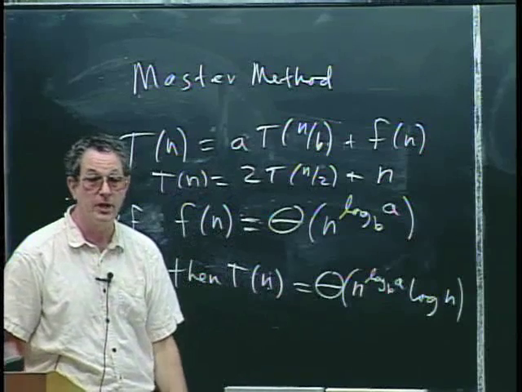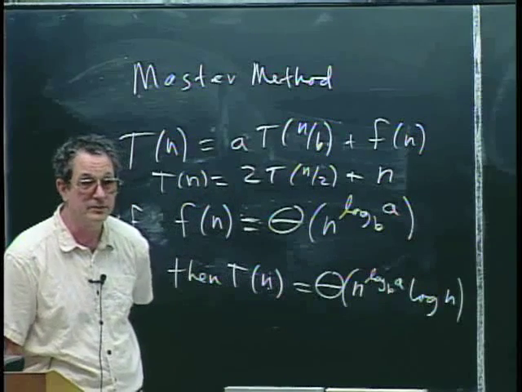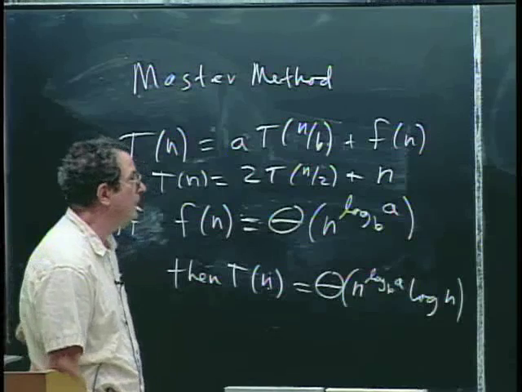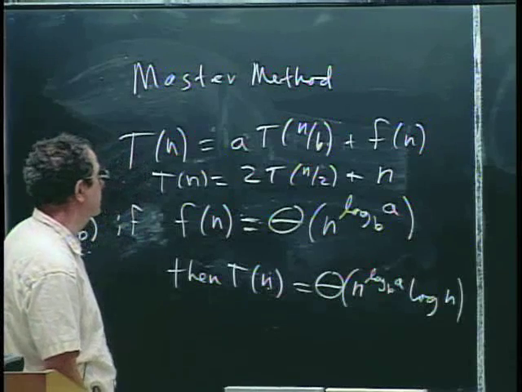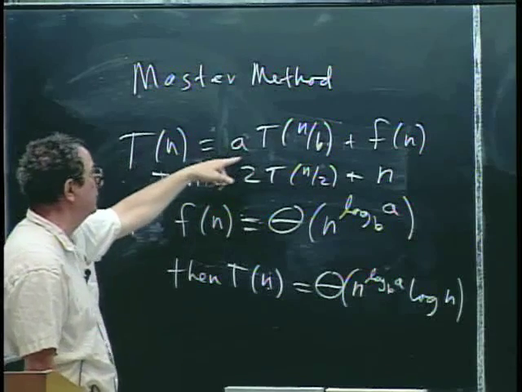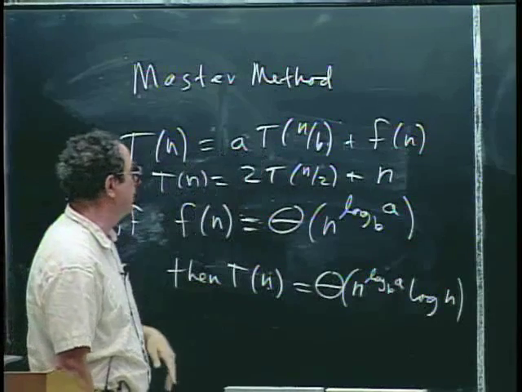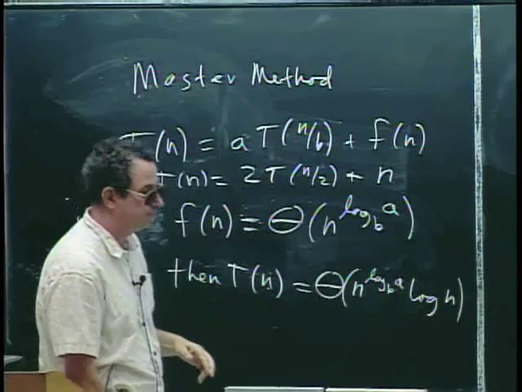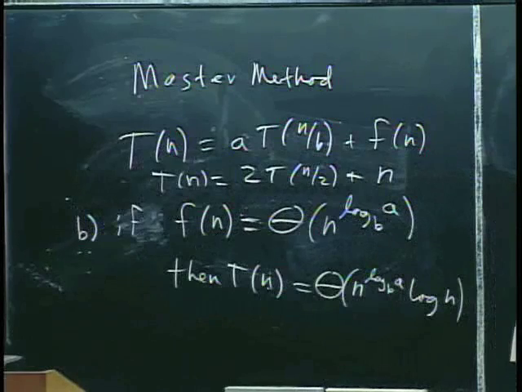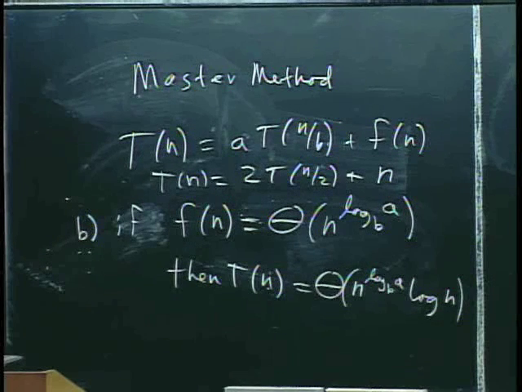So the 3 rules are not completely exhaustive, but they cover pretty much everything we're going to see in this class. A recurrence of this form is often called a divide and conquer recurrence. Okay. So I'll let you look at that, and I'll put something on the homework to exercise those things.